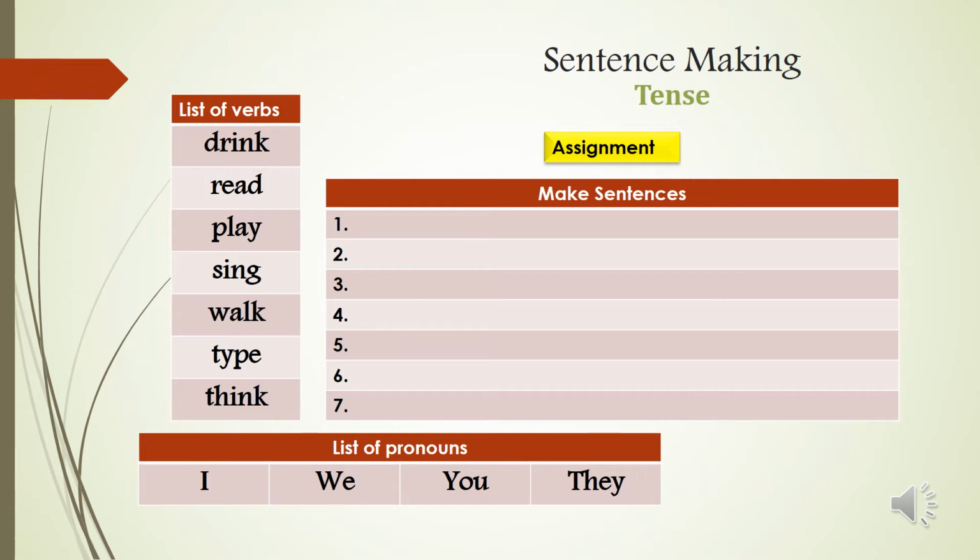So you have to make sentences with I, you, we and they as subjects, and the verbs are drink, read, play, sing, walk, type, think. Just put these verbs beside the pronouns, the subjects, and it will make sentences in simple present tense. Do it.